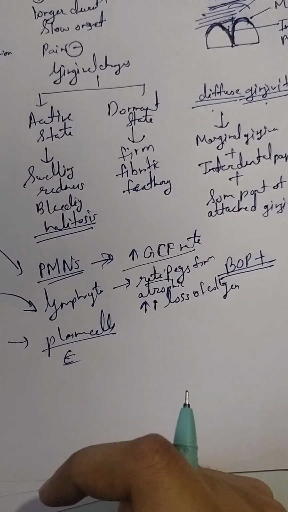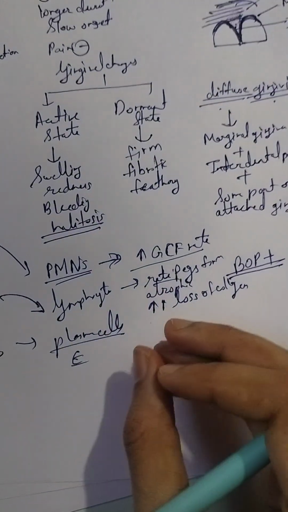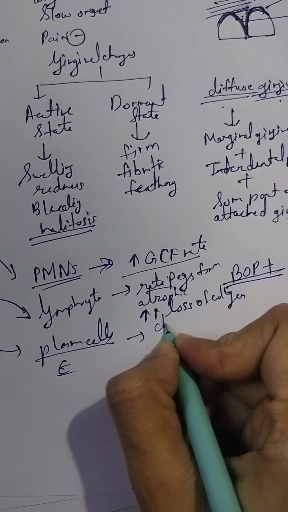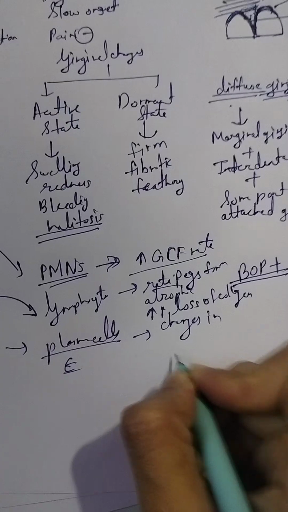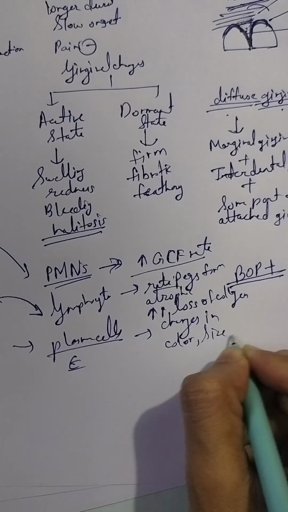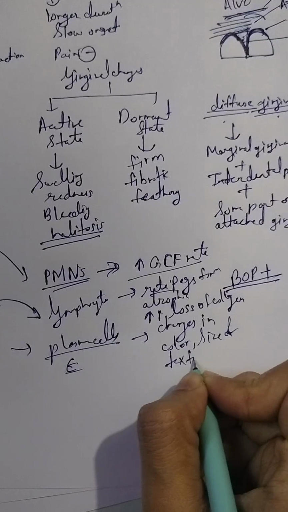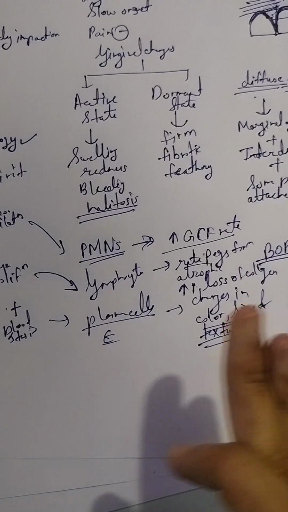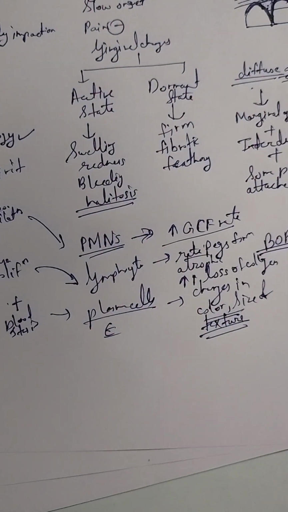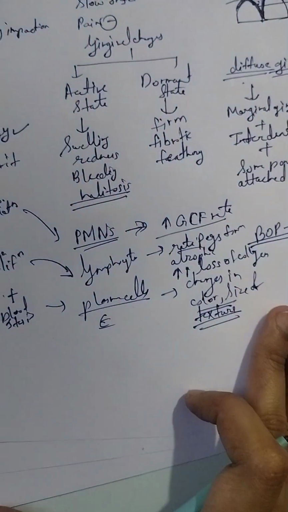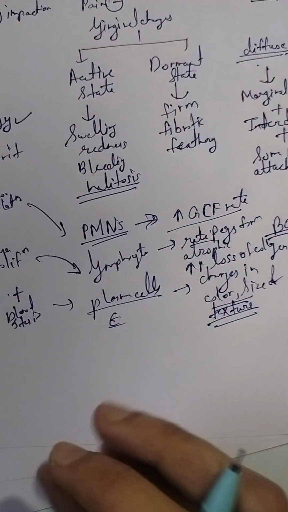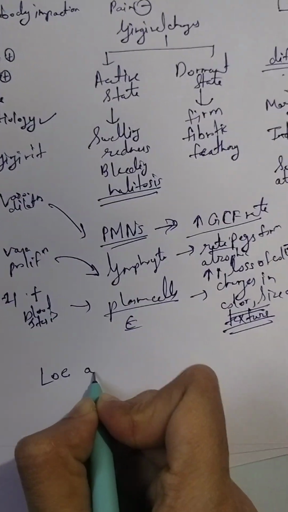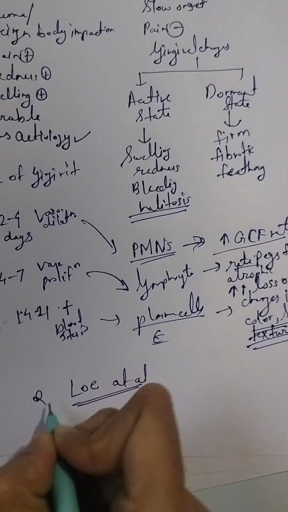And in the third, established lesion, changes in color, size and texture occur. So the theory behind stage development is that it is an experiment behind the grading of gingivitis, which is given by Page et al.